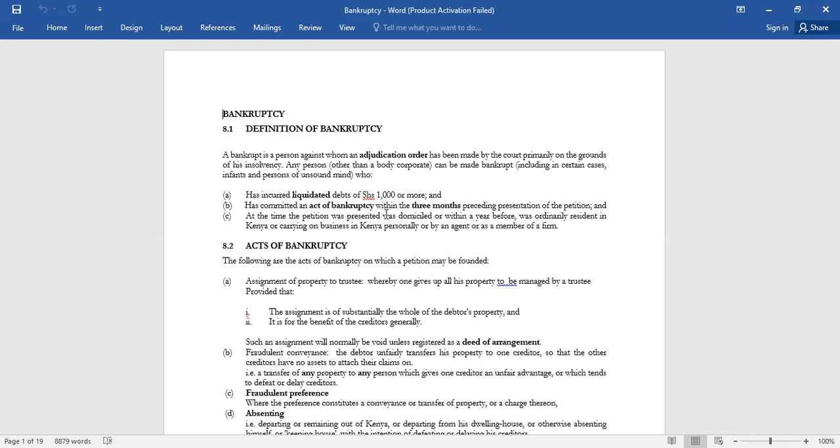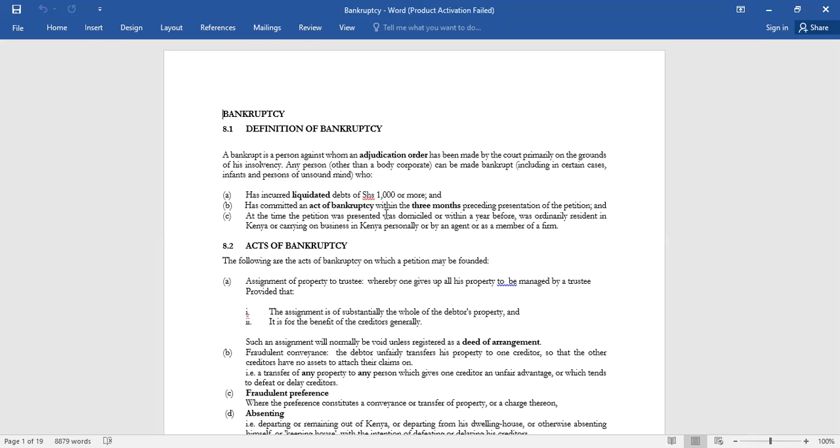So they are not even indicating when they pay you back, especially when it is done by your close friends or relatives. Chances are they won't pay you back. So if that person is unable to pay and you can confirm through taking this person through the adjudication process, then this person qualifies to be a bankrupt.